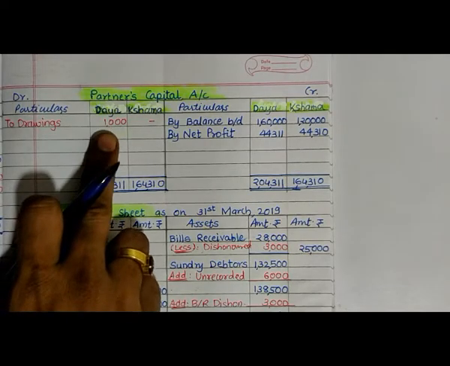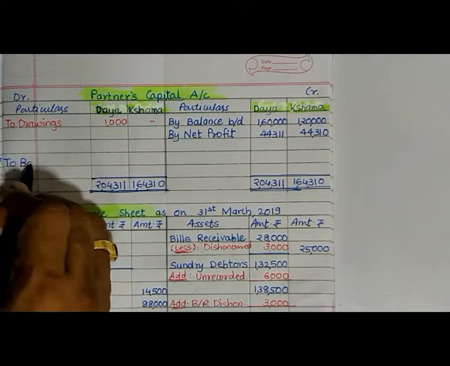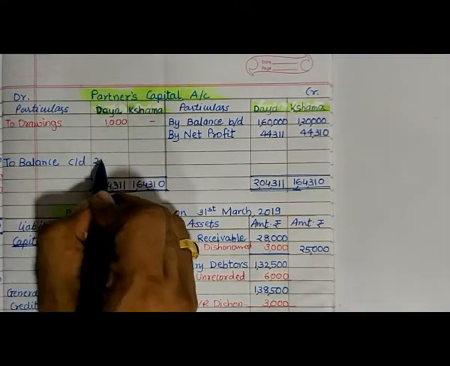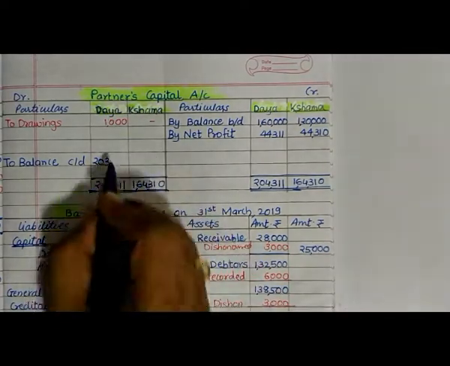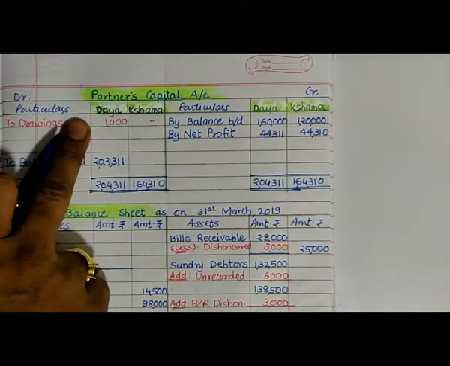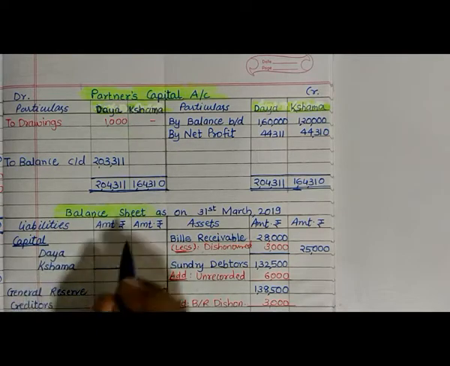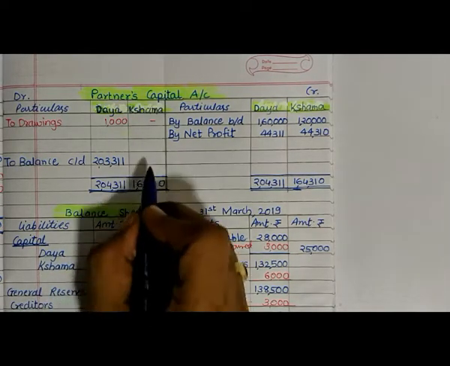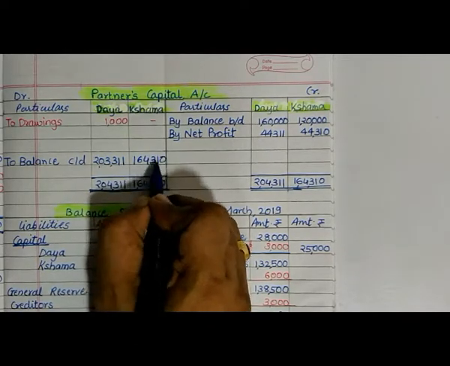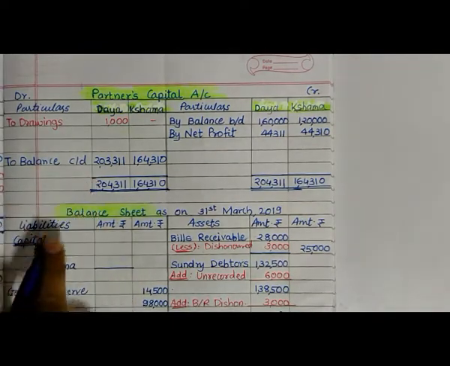So closing balance of Daya is rupees 2,03,311 after deducting drawing of rupees 1,000. As there is no drawing made by Kshama, the closing balance of Kshama will be 1,64,310. These balances needs to be transferred to balance sheet liability side.